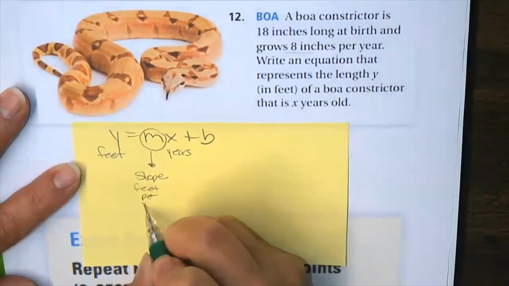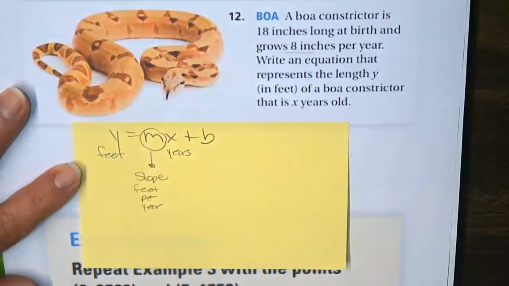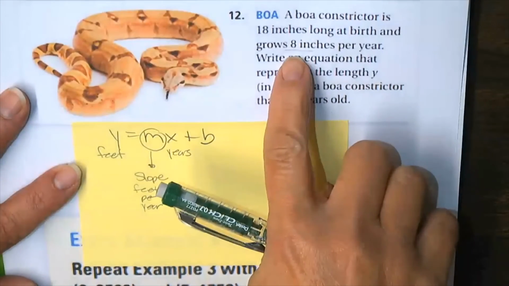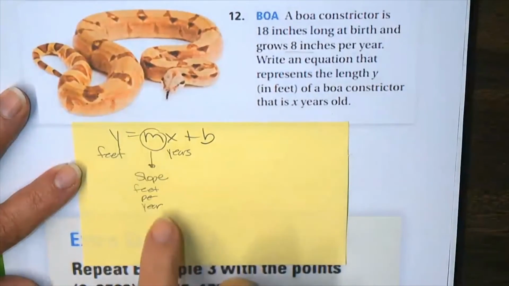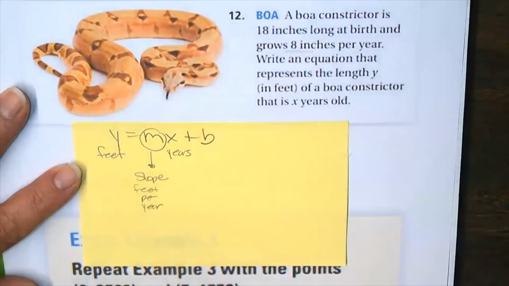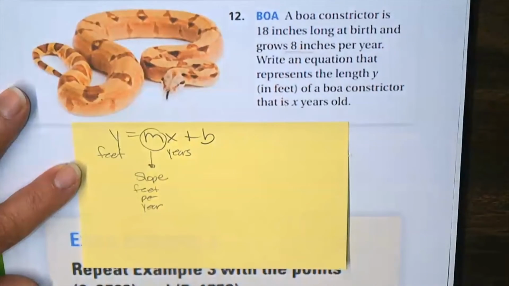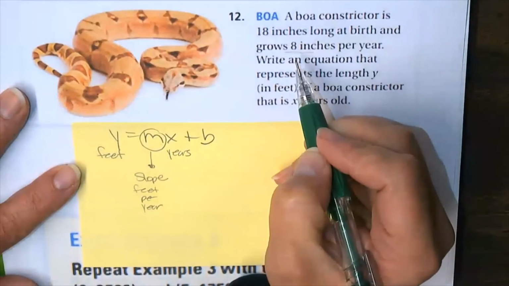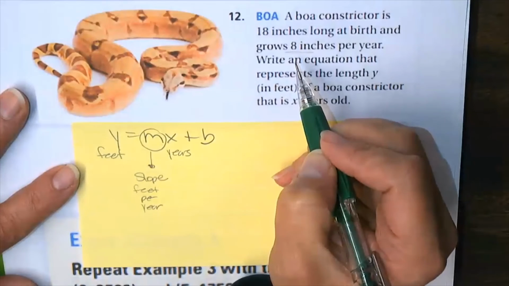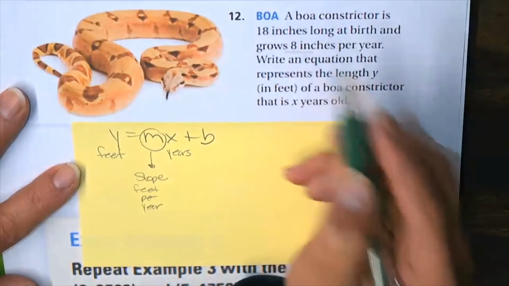Feet per year. But here they're giving us inches. They're telling us y is feet, but they're giving us inches. So I'm not sure what you're going to do with that. You may have to use 8 inches. You may have to convert that to feet, which would be 0.66. So you'll have to try both.